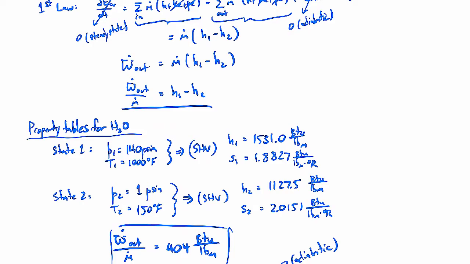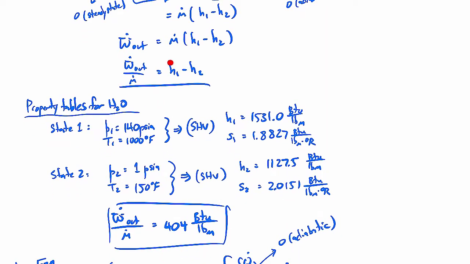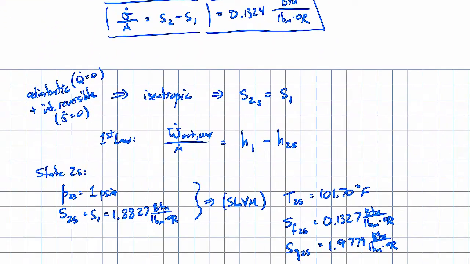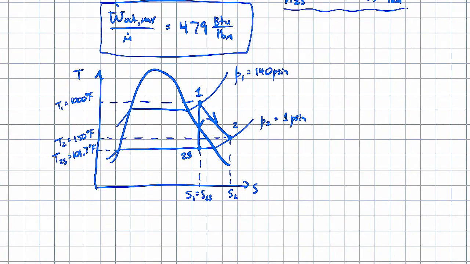When you have some irreversibility, that flow energy doesn't get converted into shaft work very efficiently. Some of the energy goes into shaft work, but some of the energy goes into increasing the temperature. That's why we get a higher temperature for state 2, because some of that irreversibility just goes into temperature rather than into shaft work.